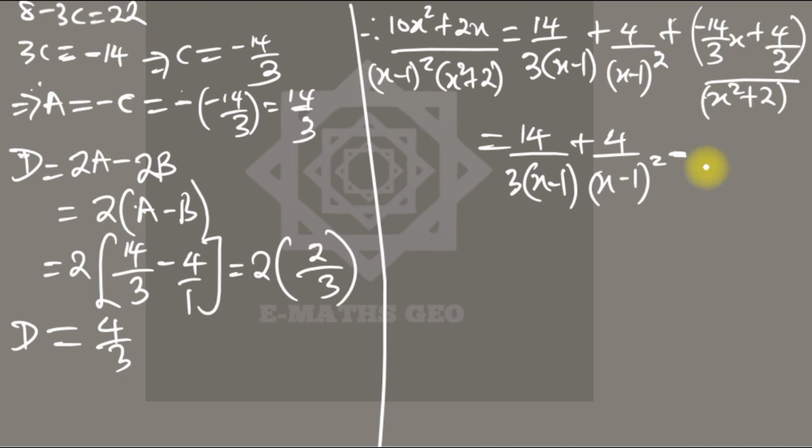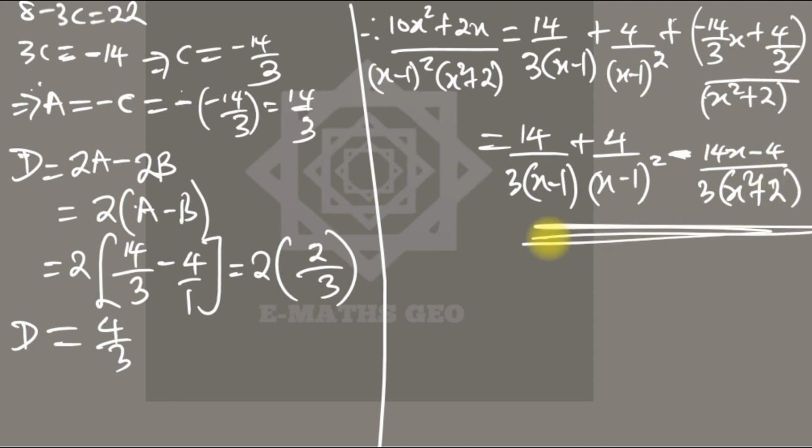If I bring out minus, so I have 14x minus 4 here, over 3 times x squared plus 2. So this is more concise. So we've decomposed this into the partial fractions 1, 2, 3. So that's the answer.